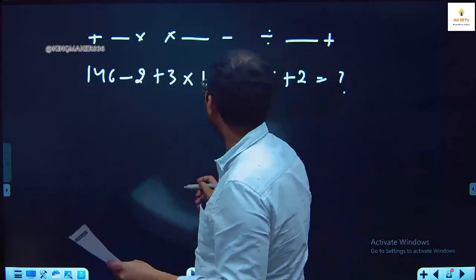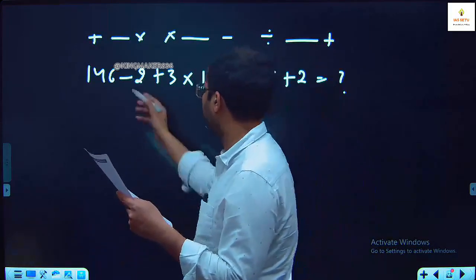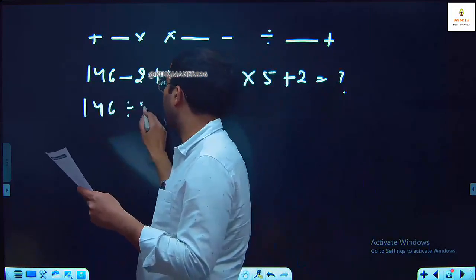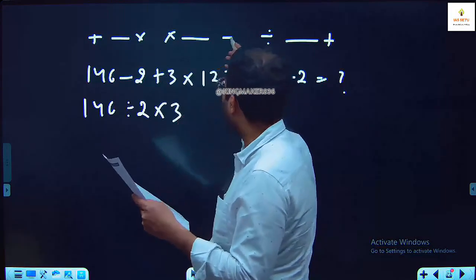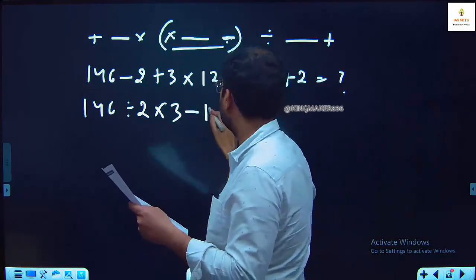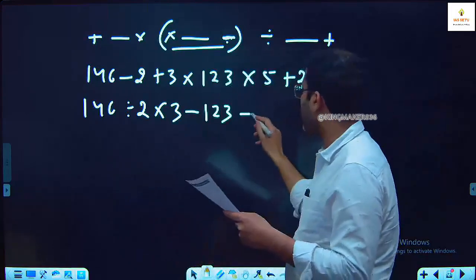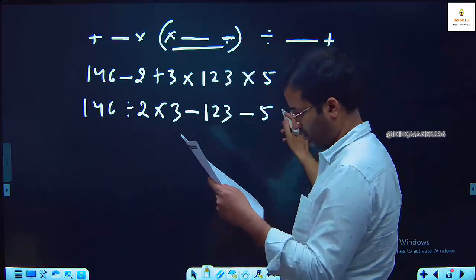तो माइनस मीन्स डिवीजन, तो 146 डिवाइडेड बाय 2, प्लस मीन्स मल्टीप्लीकेशन, मल्टीप्लीकेशन मीन्स माइनस, ये मिसिंग था अनन्या, यू कैन डू माइनस 123 minus 5 and plus means multiplication.